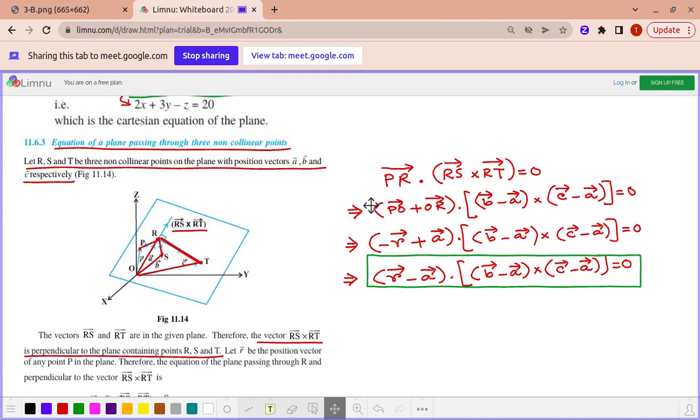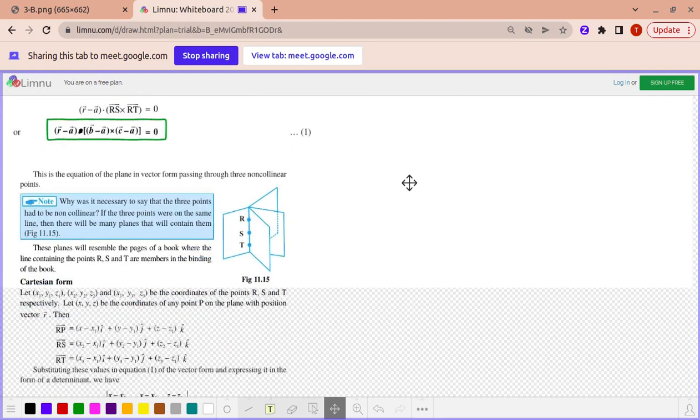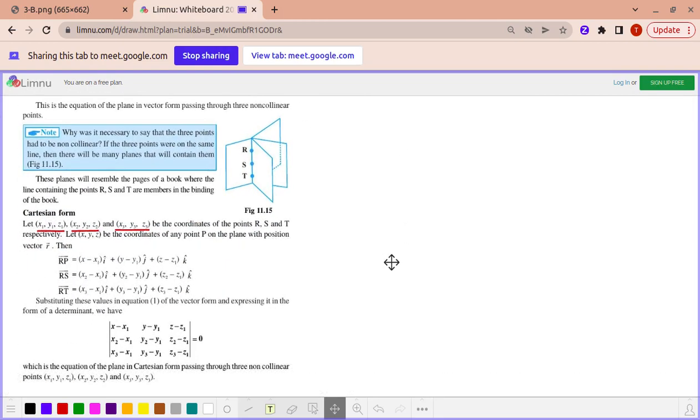PR dot RS cross RT equal to 0. So we found here the RP vector. RP vector is nothing but the position vector of the point P minus position vector of the point R, correct.